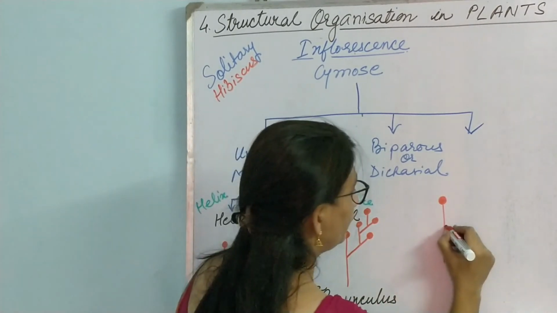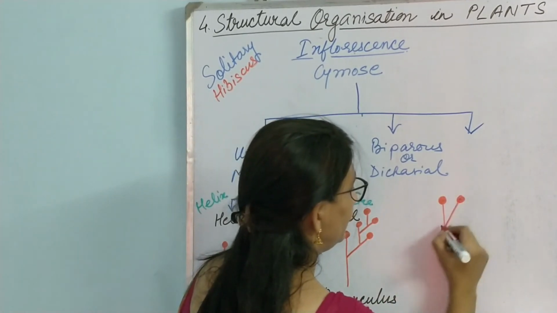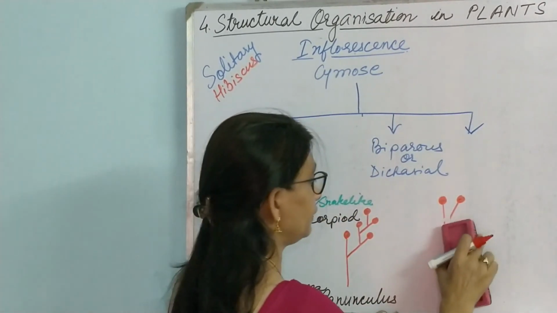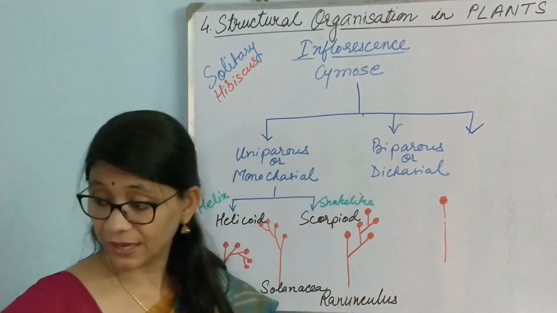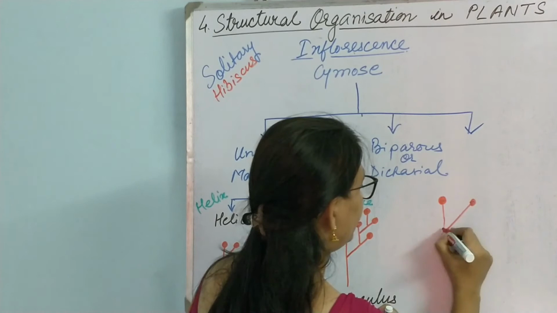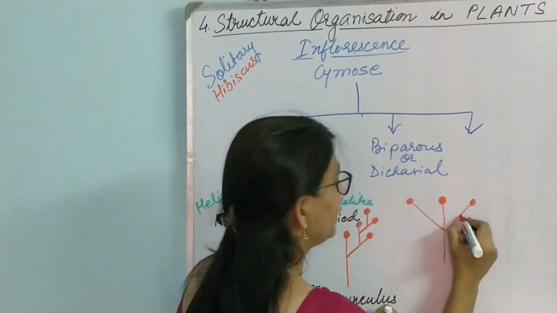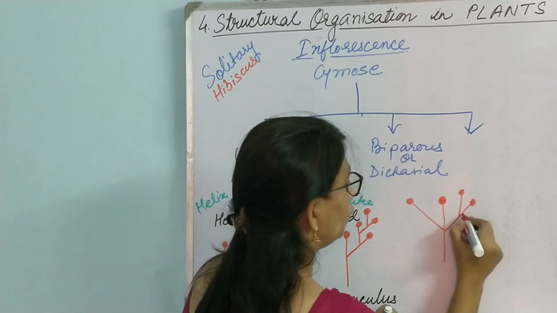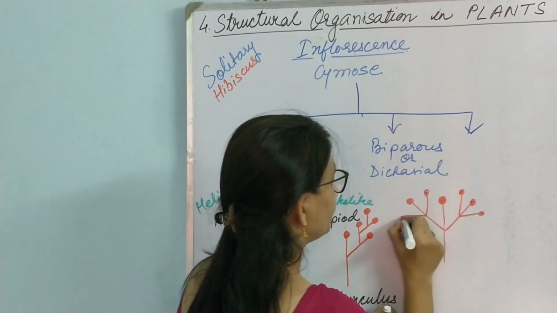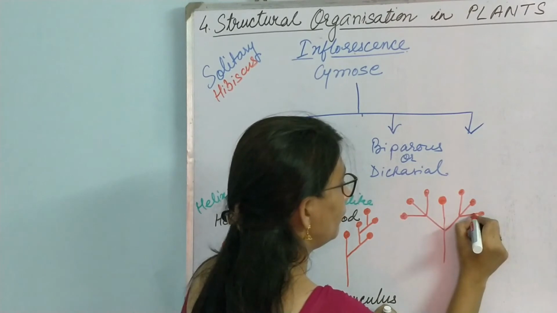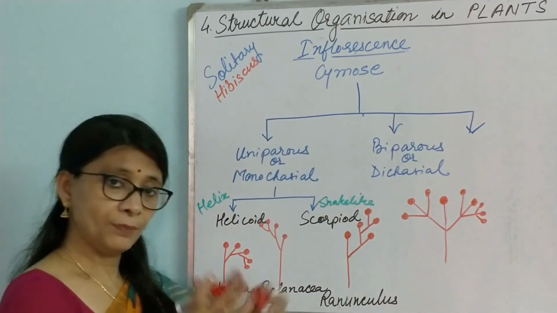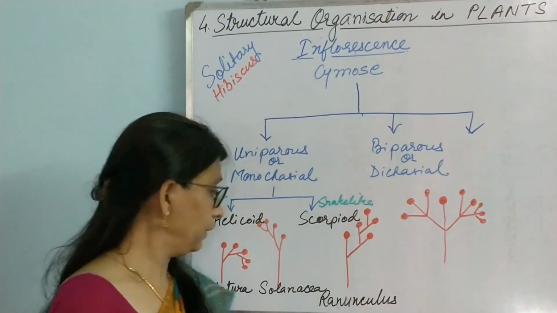Now it will not give branches in just one direction, it will give in both directions, left and right. Again, the next branches will come out on both the left side and right side. So it will go on like this. Branches are coming out in two directions.